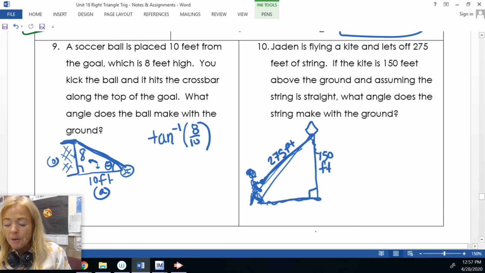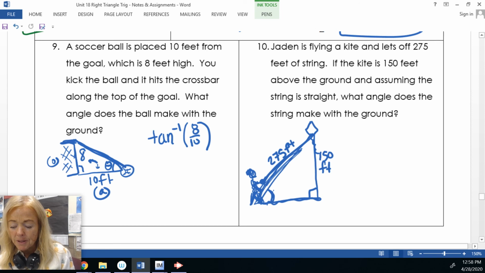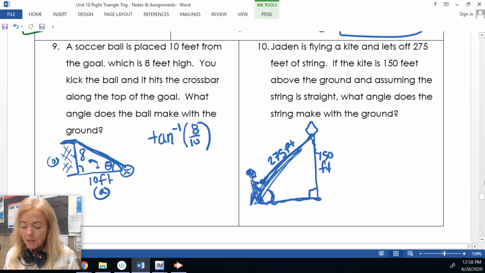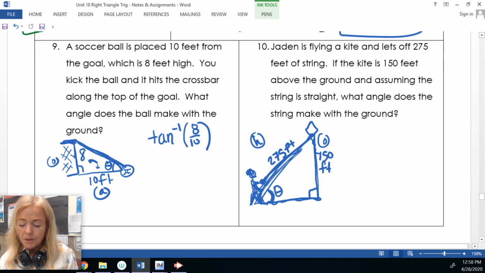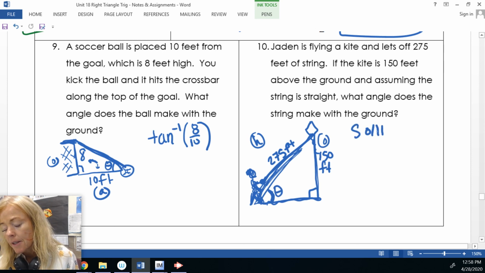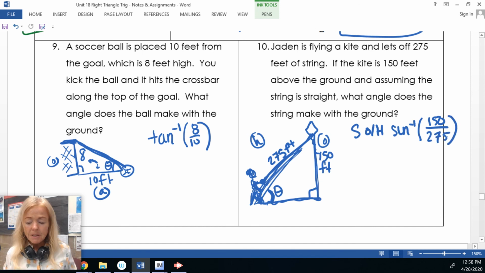Assuming the string is straight, what angle does the string make with the ground? So this string, we're just going to continue it to the ground. What angle does that make? The hypotenuse is the 275, that's the string, and this is opposite the angle that we're looking at. So O and H is sine inverse. Opposite is 150 and hypotenuse is 275. And that's what you place in your calculator to solve that one.